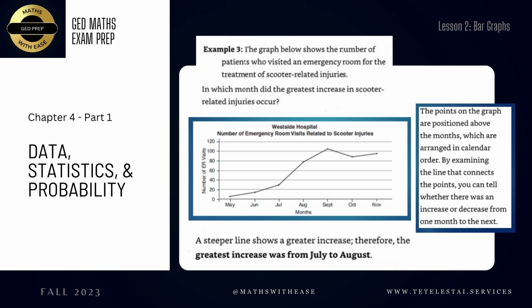We see that this line graph is for West Side Hospital, and it's showing us the number of emergency room visits related to scooter injuries. The question is asking us, in which month did the greatest increase in scooter-related injuries occur? Well, let's zoom in.